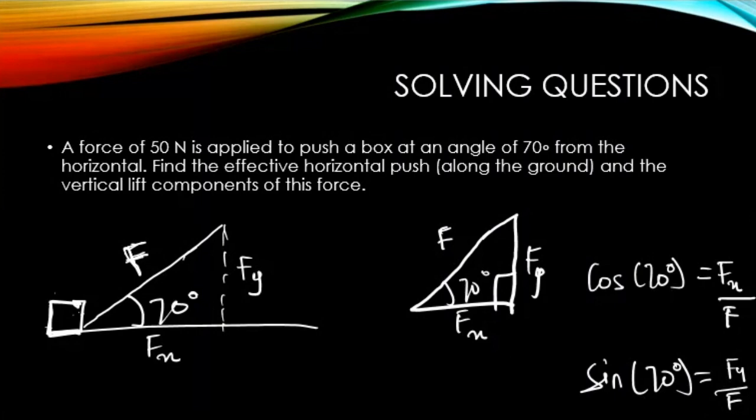Now in solving this, Fx would be equal to F cos 70 degrees, which is 50 cos 70, and Fy will be equal to F sine 70, which is 50 sine 70.